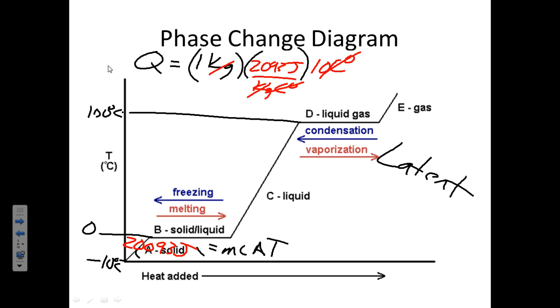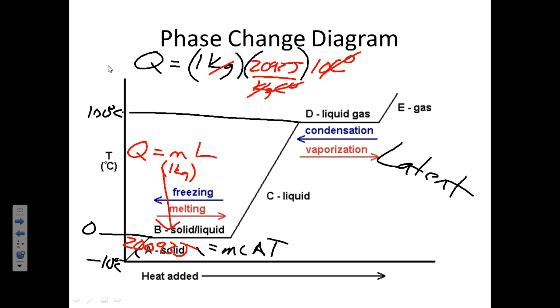So let's go back here. Remember, we've got 1 kilogram of ice water. In this particular part of the graph, we're going to use the equation Q equals mL. And our m is 1 kilogram. And our heat of fusion was 334 joules per gram. Now, do we really need to use that? This is in kilograms.